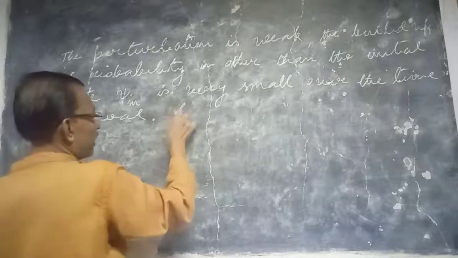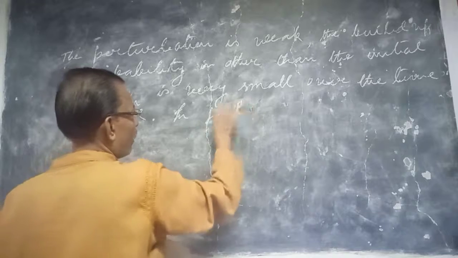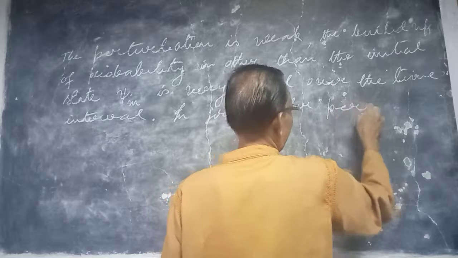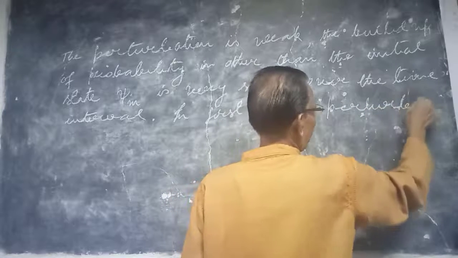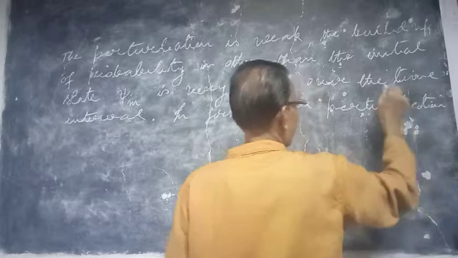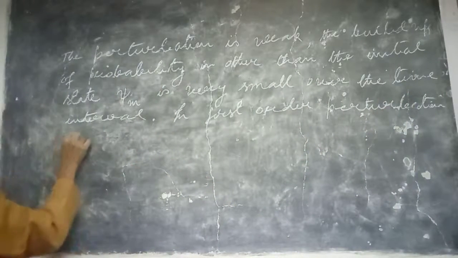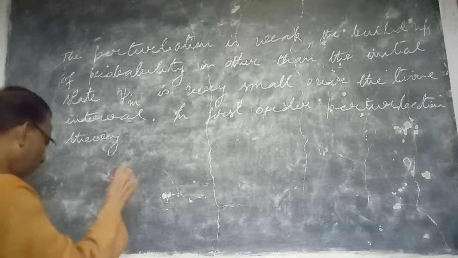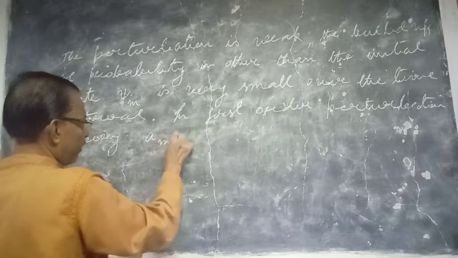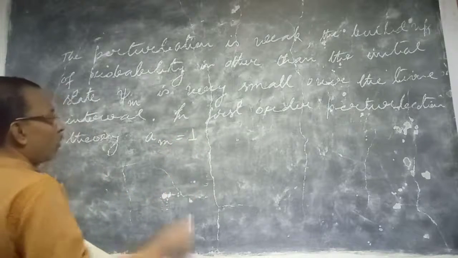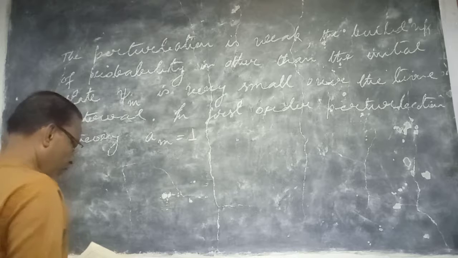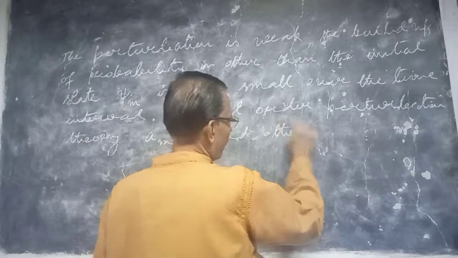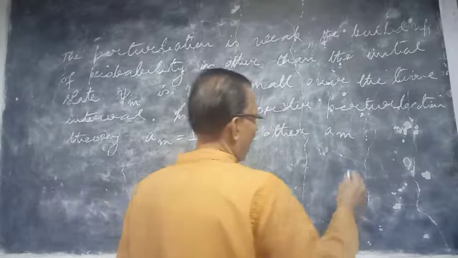Now, in first order perturbation theory, suppose a m is equal to 1, the probability of finding the particle in the initial state, and the other a's are 0.